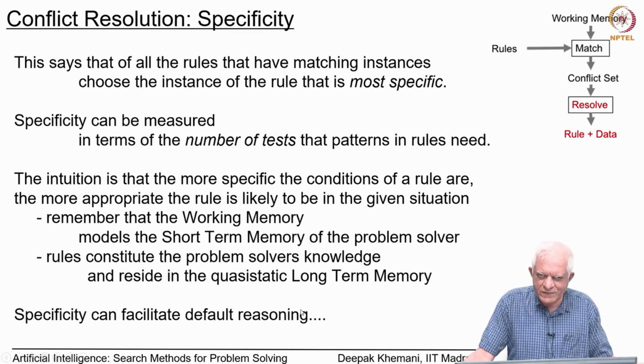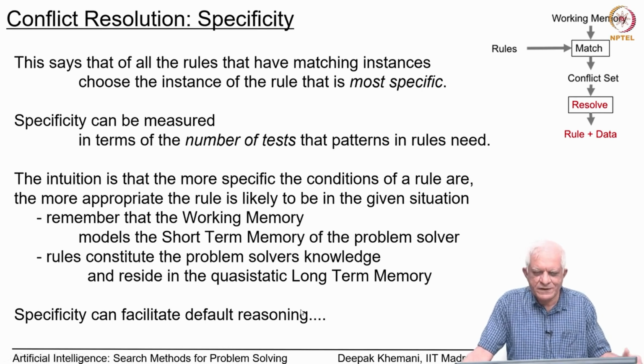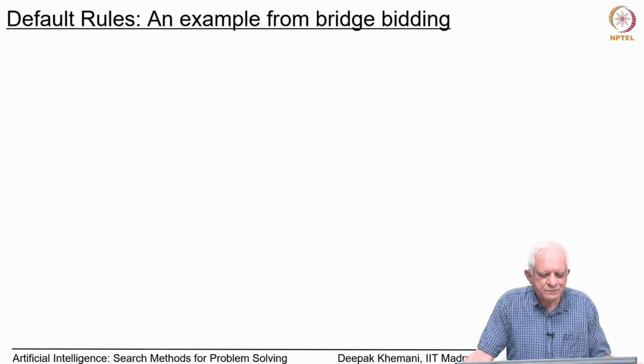So, let us look at this idea of default reasoning very briefly from a domain which is a favorite of mine, and that is the game of contract bridge, which I will highly recommend all of you to look at. It is something which will be with you the rest of your life once you have gotten into it.